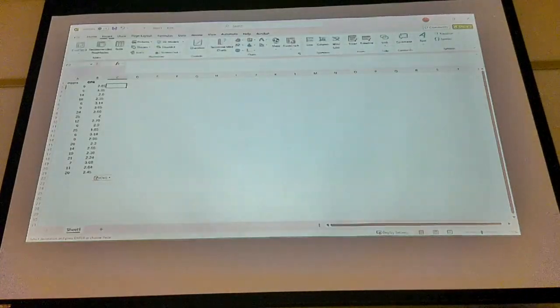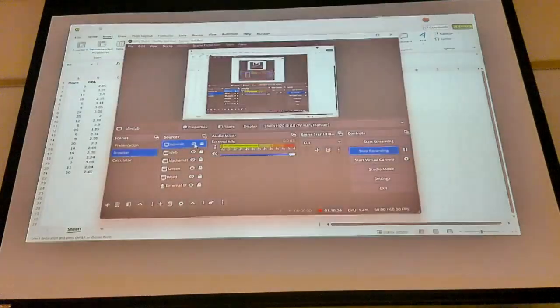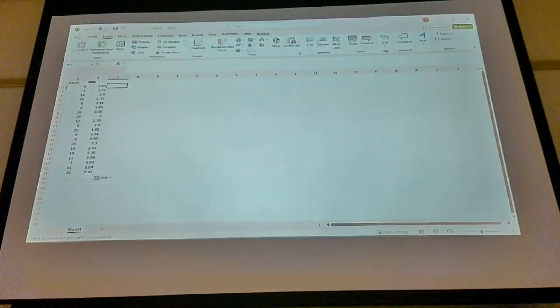Insert. This one right here. Oh, it's not just. So let's move you up here, because it's not showing you the drop-down menu.